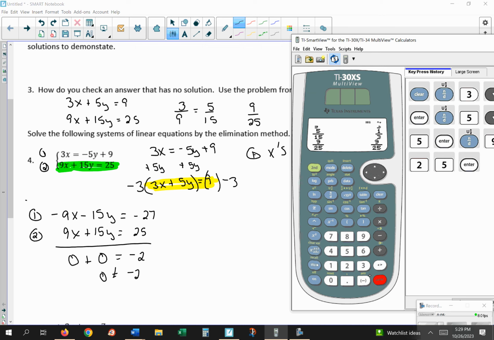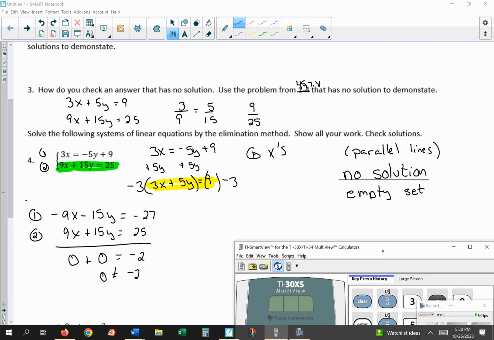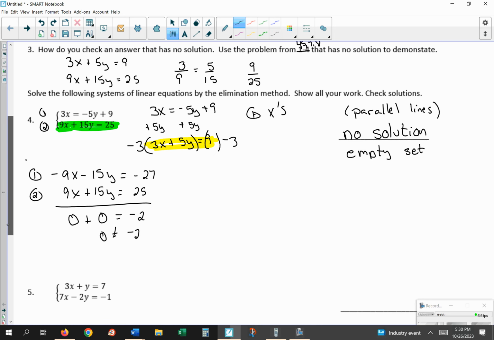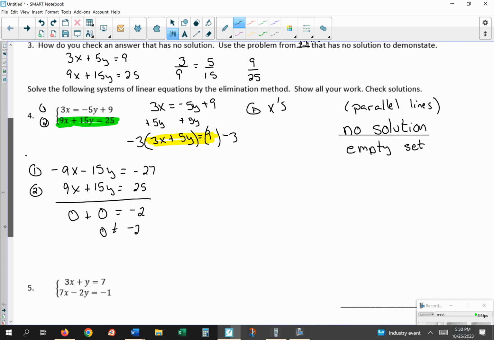And this is only true, that the ratio of the x's and the ratio of the y's is the same and the ratio of the constants is different, when they have no solution, which means they're parallel. So those are the two ways that you can check. Now, I'm not going to ask for the check on the test for a no solution or an infinitely many solution.